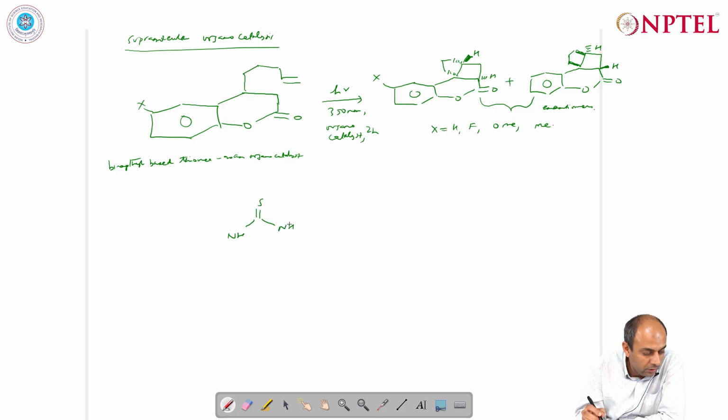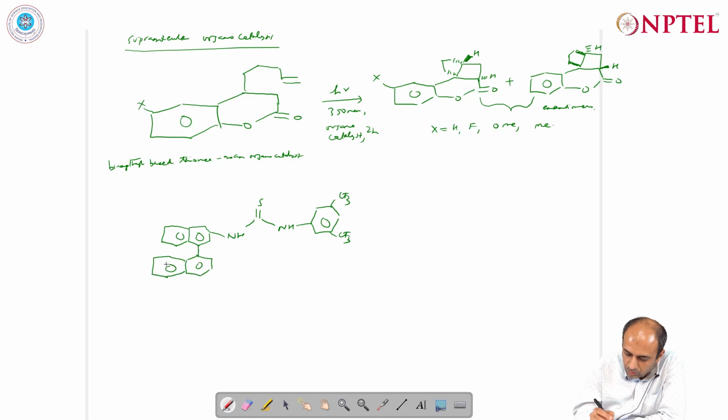We have already seen the applications of thiourea, but this is a modified thiourea where we have electron withdrawing groups here, and we have the binaphthyl ring here, and this interacts via hydrogen bonds with the oxygen.